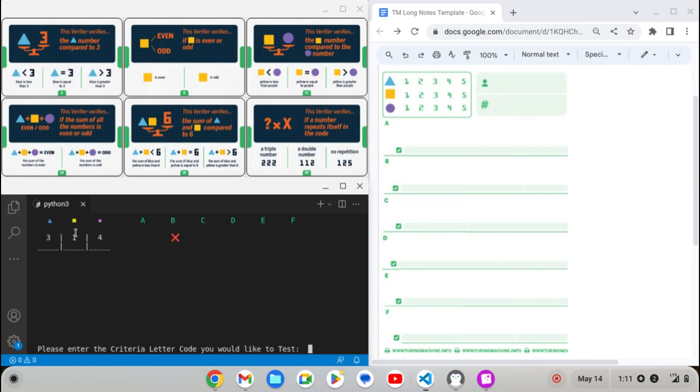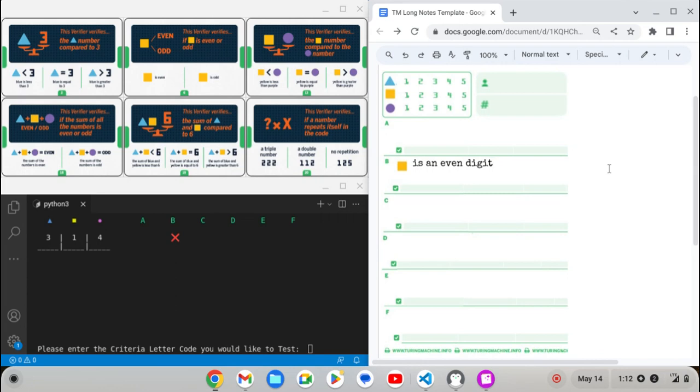So if I look at my proposal and I'm looking at square, I chose 1, which is an odd. So the Turing machine is basically telling me no, that middle digit should not be odd. So I'm going to go into my notes for criteria B and state that the square is an even digit.